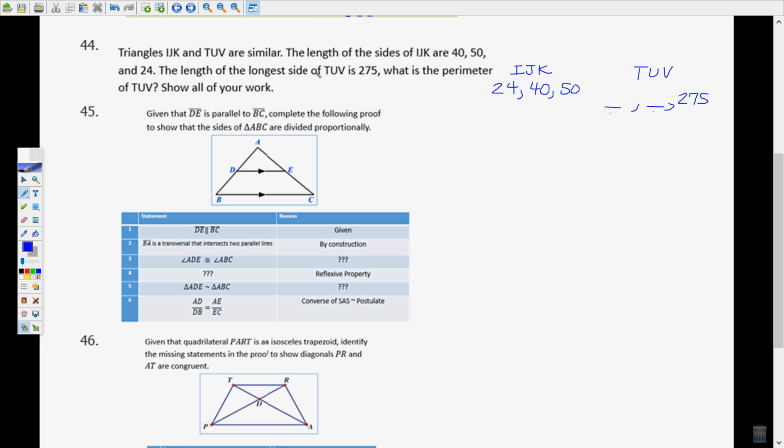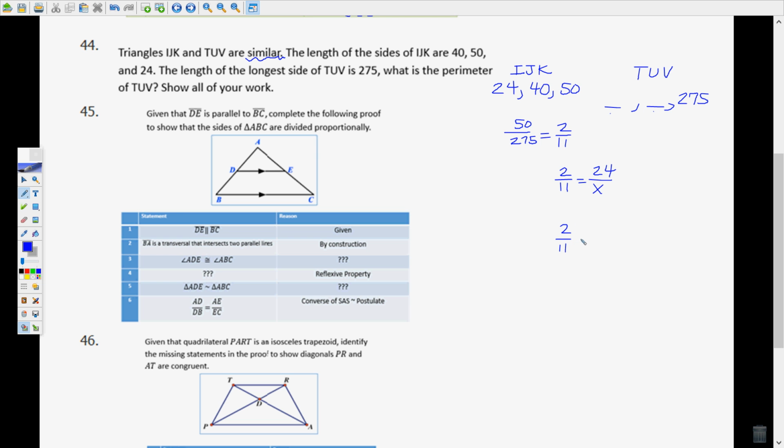So here's what we do. We know that they are similar. Similar triangles' sides are in the same ratio. So if I put little triangle over big triangle, 50 over 275, and I reduce my fraction, I get 2/11. You are welcome to use your calculator for that. So the ratio of my 2 triangles is 2 to 11. If I say 2 to 11 equals 24 over x, that'll give me the shortest side of TUV.